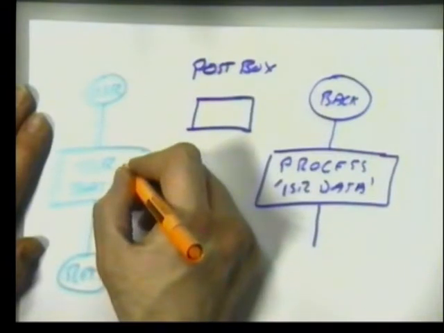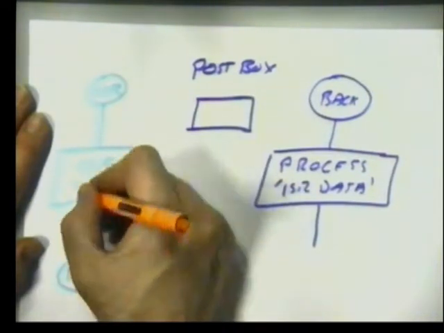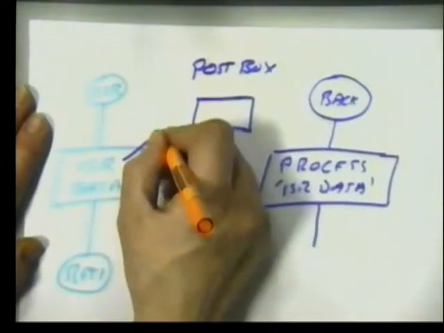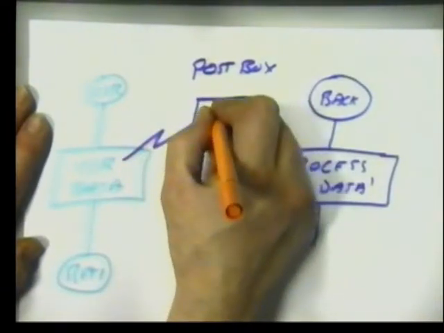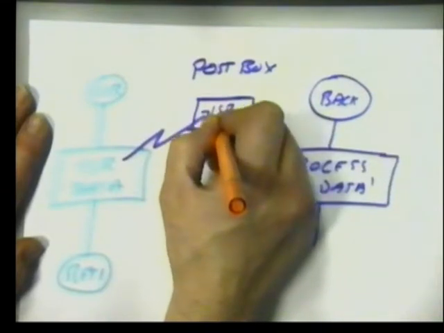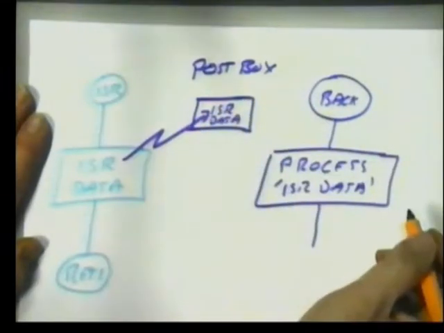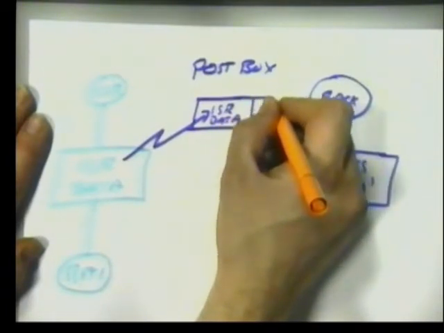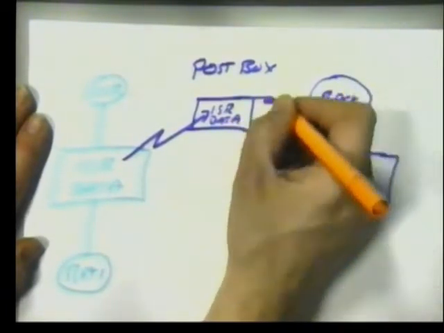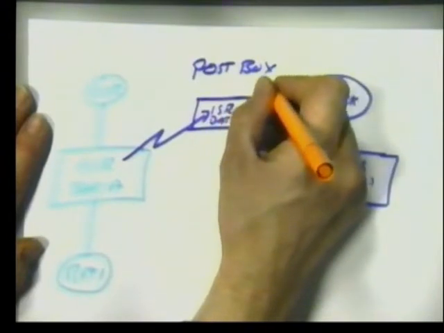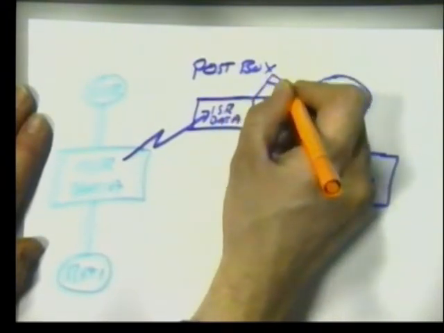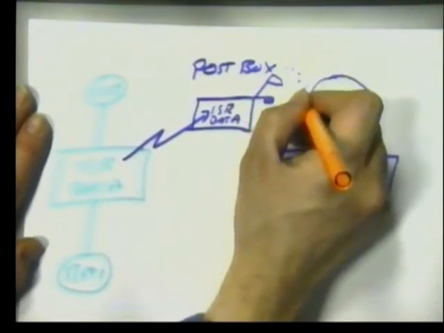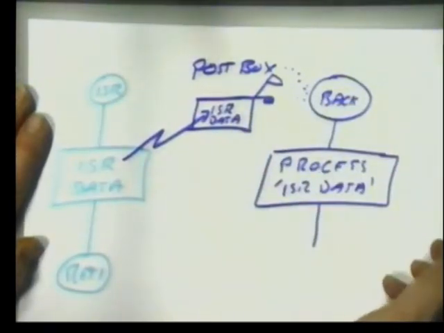So the ISR keeps its own data separately. This is a shared bit of memory, and it puts a copy of the ISR data into that memory location. And like a traditional mailbox, there should be a little flag on it, and when it's full, it should set itself true to signal to the background routine, hey, new data is available.